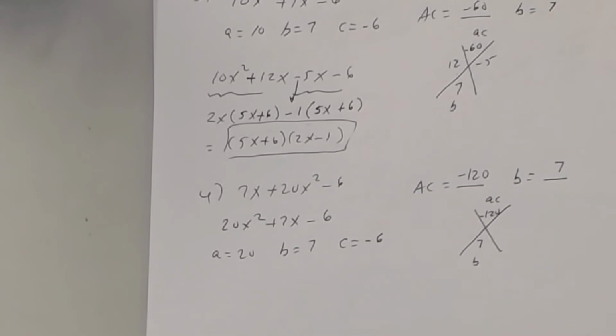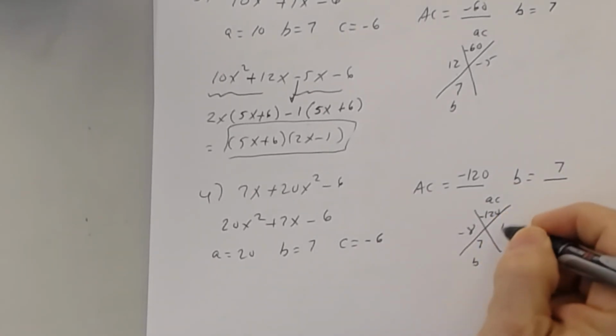Now this is going to be a little more difficult for you to come up with some pairs, because negative 120 is bigger than you normally would deal with. But try something. What do you want to try? 8 and 15? Okay. Now one of them has to be negative, right? So let's say negative 8, 15.